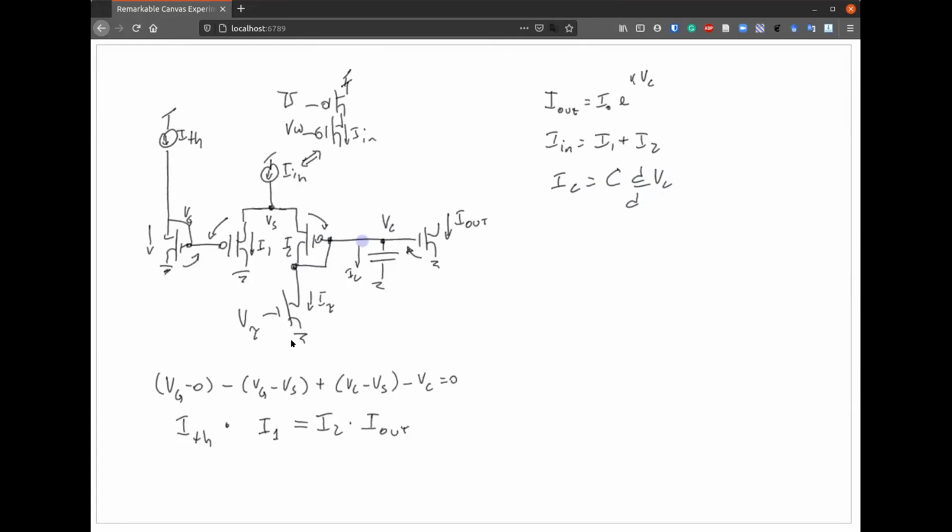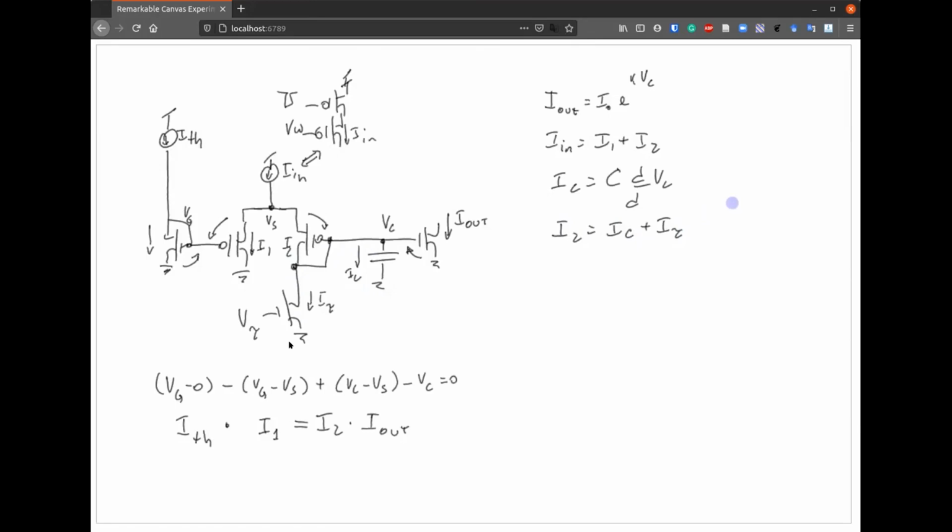The current coming into this node is equal to the current coming out of it, I tau, and the current coming out of this other node, IC. So I2 is equal to IC plus I tau. Those are all the equations we need to look at.